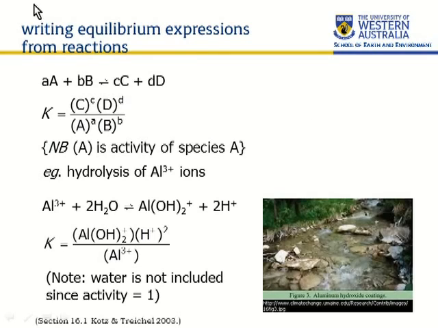Okay, so if we know the reaction, we should be able to derive a value for the equilibrium expression. And in general, we see the procedure shown in the top two lines.